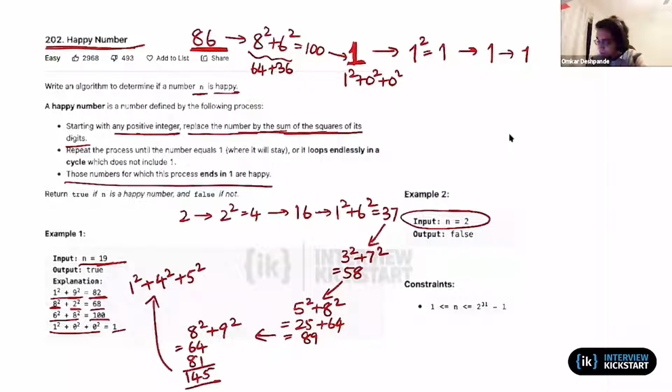So that's 25 plus 16 plus 1, 25 plus 17, which is 42. Then the next number from that will be 4 squared plus 2 squared, which is 16 plus 4, which is 20. And then the next number from that will be 2 squared plus 0 squared, which is actually 4.